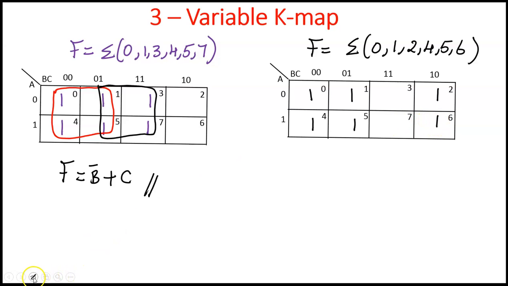Now, here also we can represent the quad groups. That means this adjacent quad group and this adjacent quad group make one group.